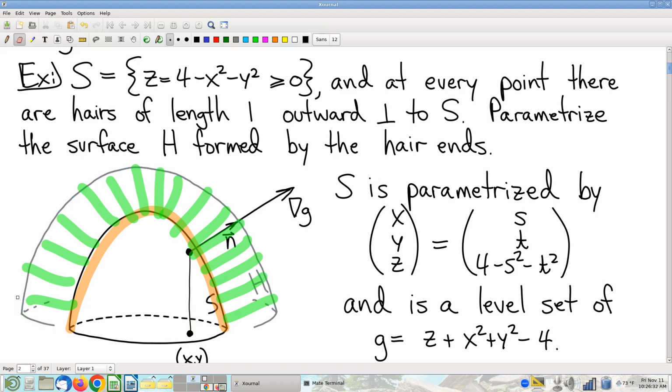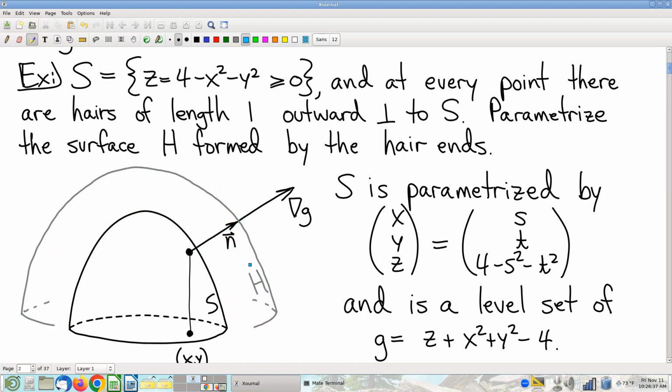Okay. All right. So what I'm going to do is observe that this point plus this vector gives me that point.